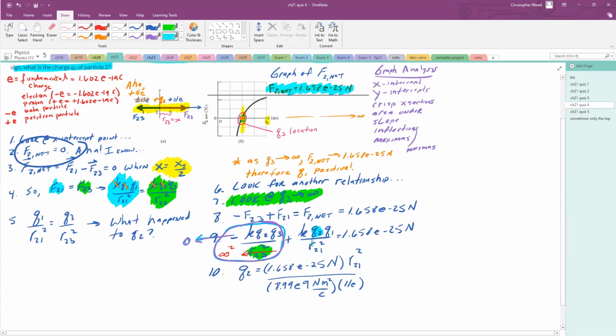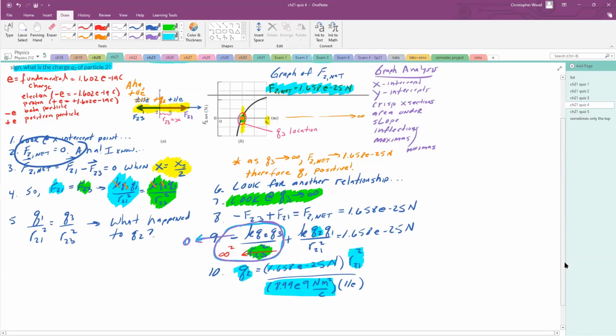Isolating Q2 in step 9, Q2 equals 1.658 E minus 25 times R21 squared, which I don't know, divided by K, the value of K, divided by Q1. And again, I went through a whole segment of internal reflection where I figured out Q1 was positive.